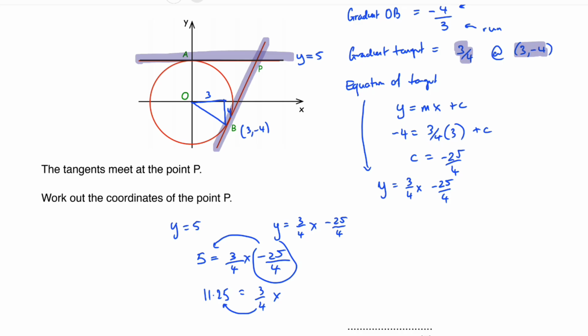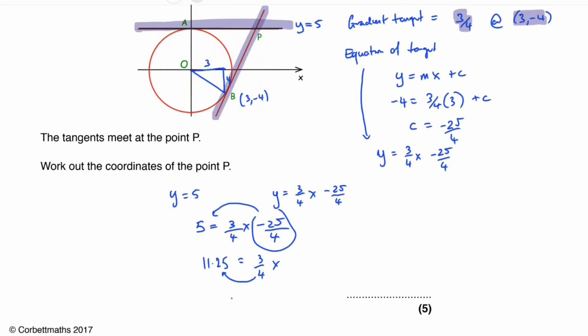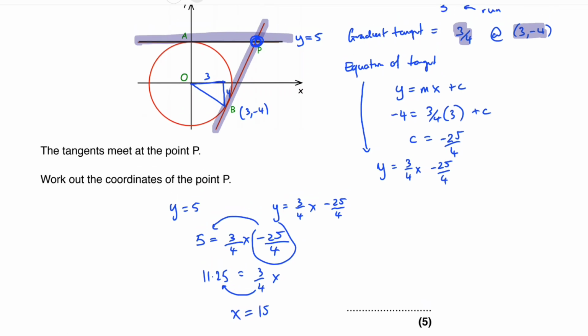So you can bring the 4 up, multiply, and then divide by 3. You get your x value to be 15. So the x coordinate of P, this point, is 15. Now what's the y value? The y value is 5, because it goes through this line, all these points are where y is equal to 5. So our answer is (15, 5).